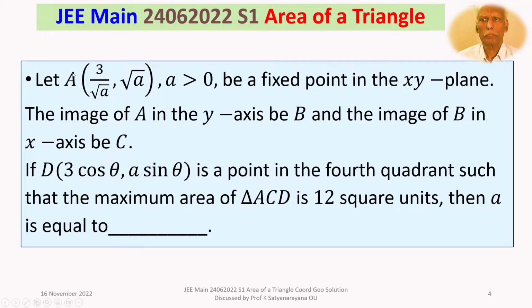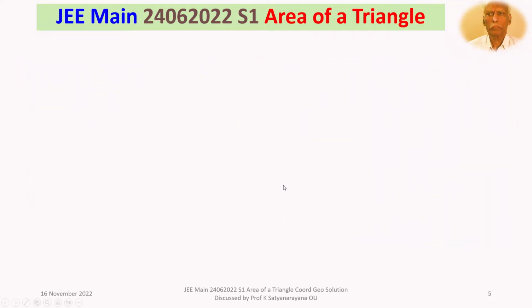The image of capital A in the y-axis is given to be capital B, and the image of capital B in the x-axis is given to be C, and another point D with coordinates 3 cos theta, comma, a sin theta, is in the fourth quadrant, such that the maximum area of the triangle ACD is 12 square units. Then we have to find the value of a. We now discuss the solution of the problem in detail.